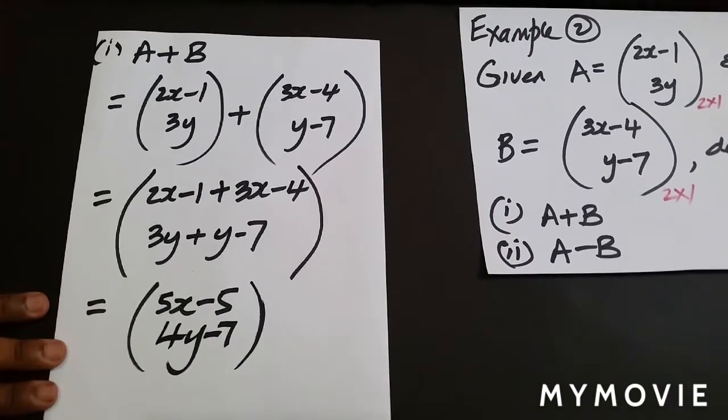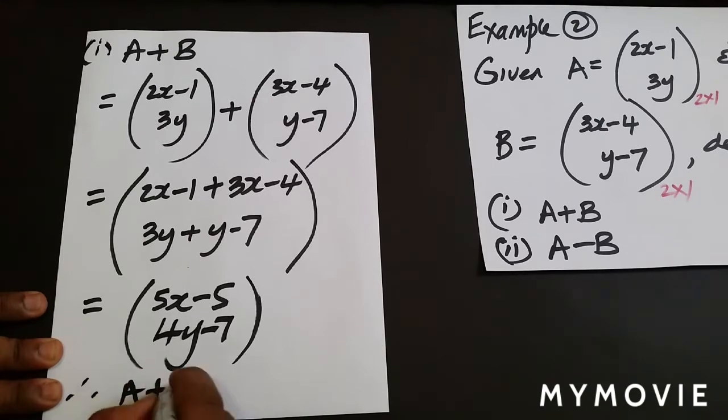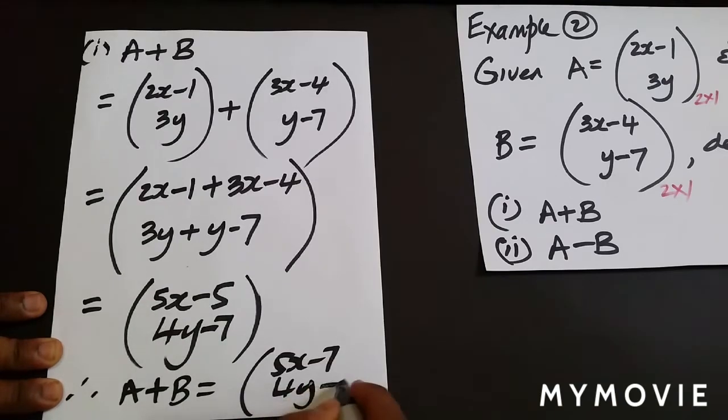So that would be the final answer. Therefore, A plus B in this case is 5x minus 5 and 4y minus 7. And that would be your final answer.